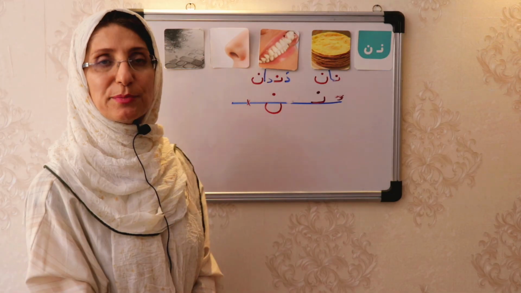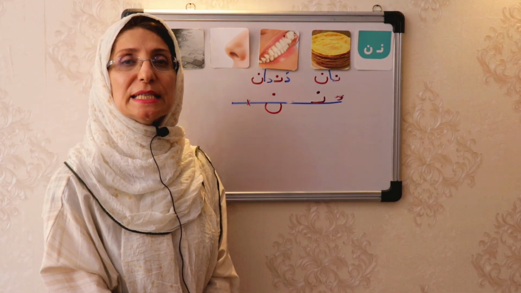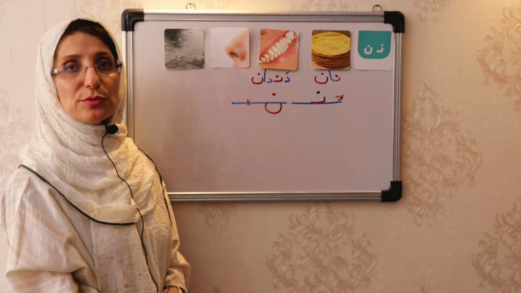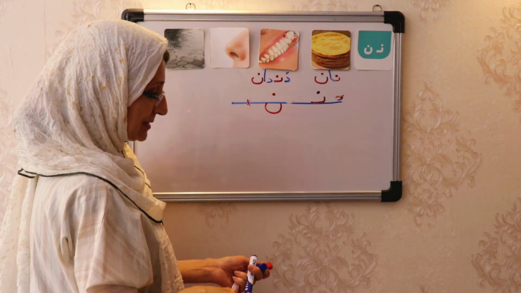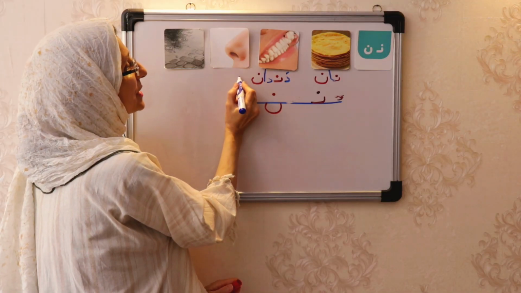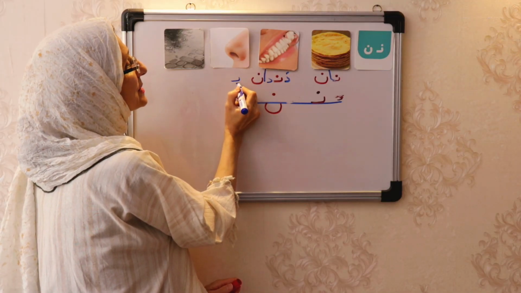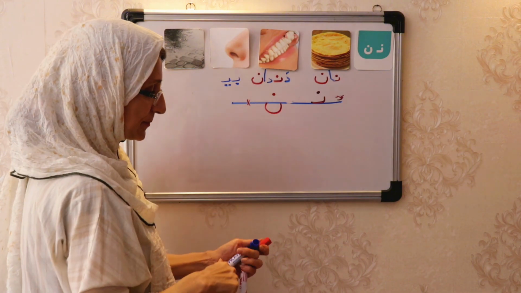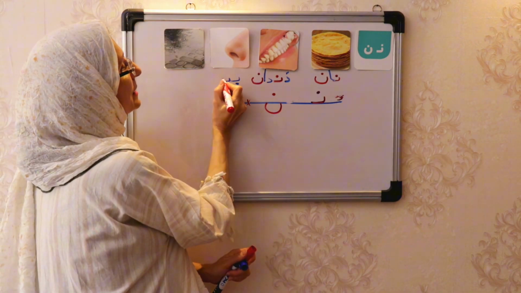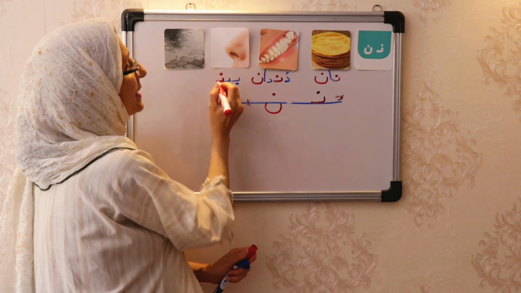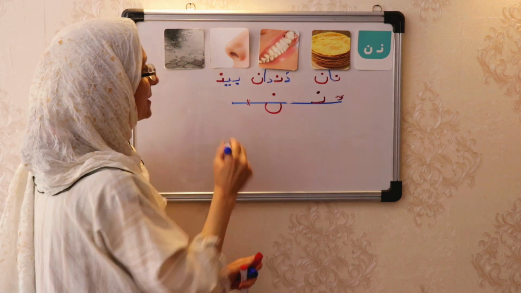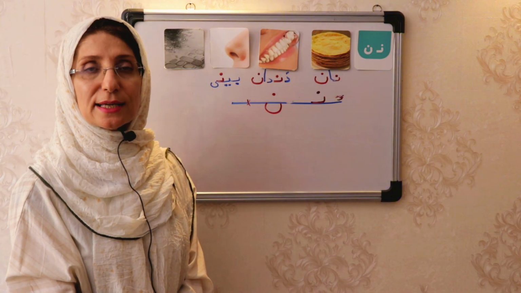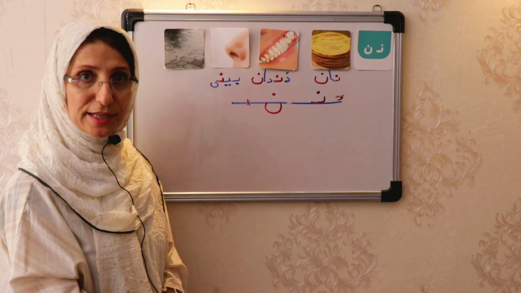Here, another body part. بینی. بینی is nose in Persian. Look at how I connect, right? بینی, b sound, ی اول, ne awwal, and again ی آخر that we have learned in previous lessons.